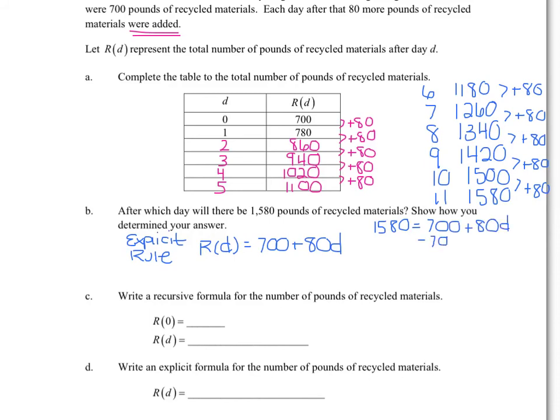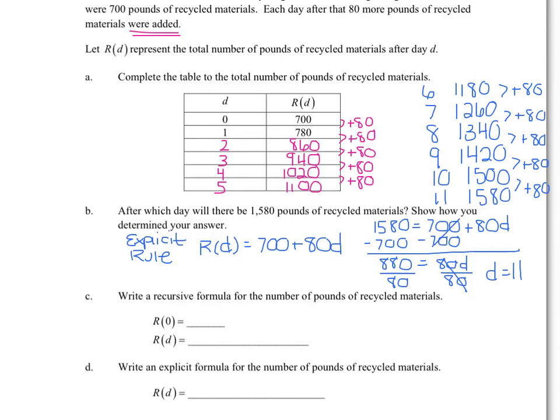First thing I'm going to do is subtract 700, and that's going to give us 880, and that's going to equal 80D. Then I'm going to divide by 80, and 880 divided by 80, D is going to equal 11.